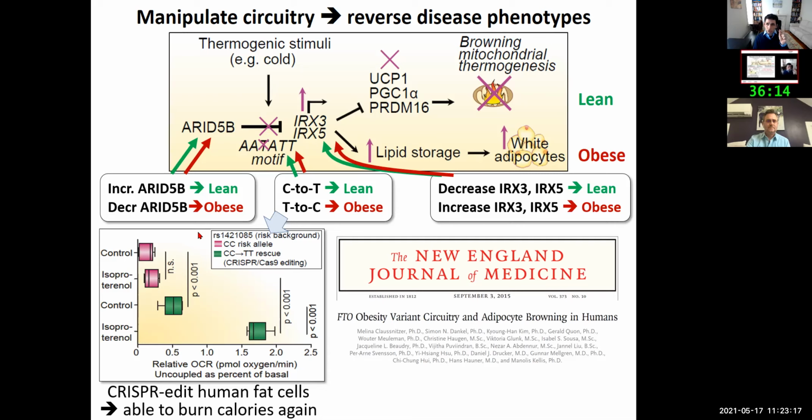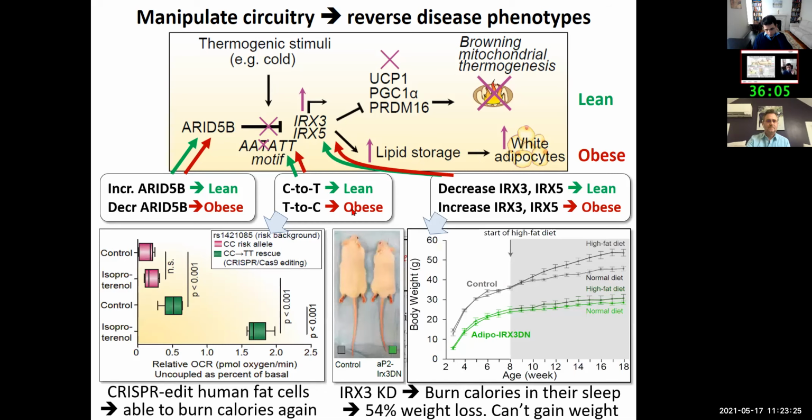So with a single nucleotide change out of 3 billion nucleotides of the human genome, we're able to restore this pathway in primary adipocytes from obese individuals.